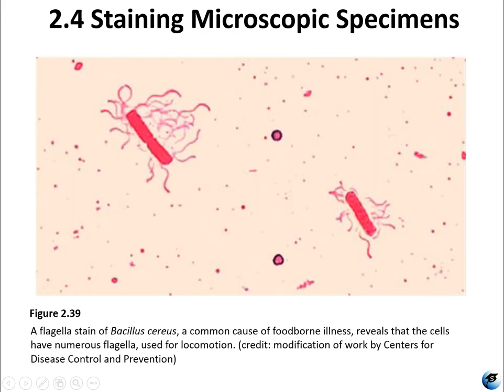These are flagellates, bacteria that have flagella. In fact, these are specifically known as peritrichous, which means that they have flagella all around the perimeter of their cells. Flagella stains are kind of difficult. I mean, flagella are so thin, and it's really hard to get them to dilate to the point where you can view them under a microscope.